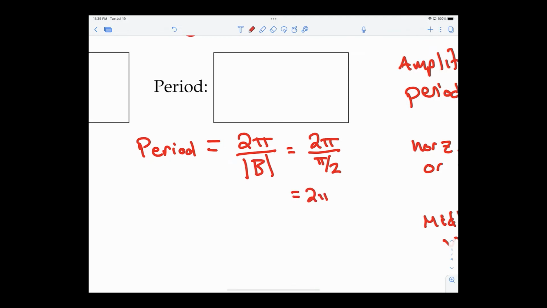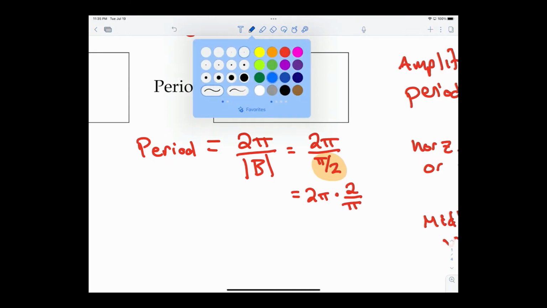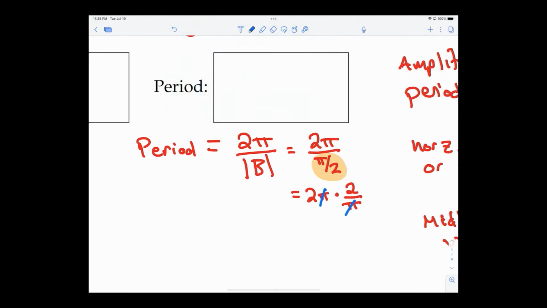Don't forget that dividing by a fraction like this one is the same thing as multiplying by the reciprocal of the fraction. So this is 2 pi times 2 over pi. The pi's would cancel, and you have 2 times 2, which is 4.